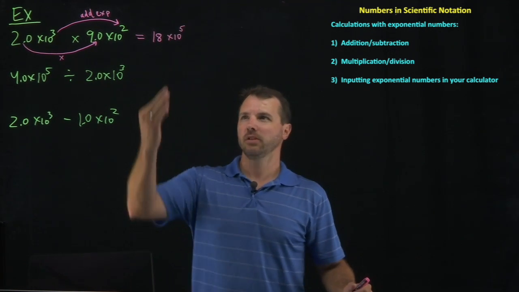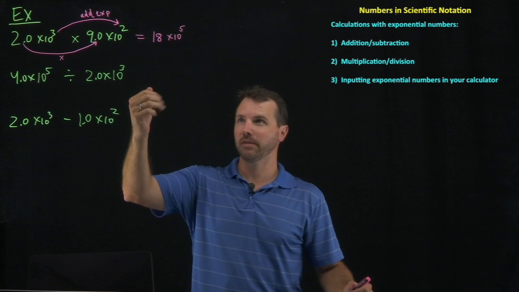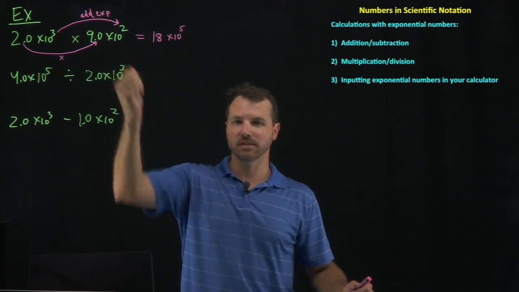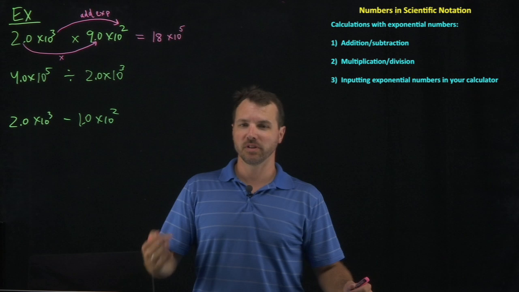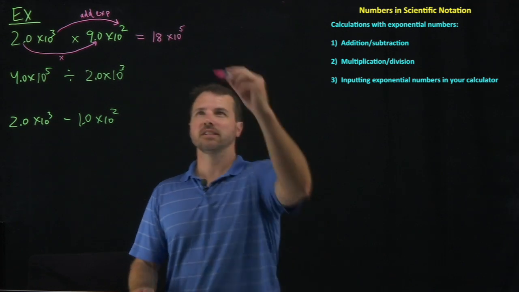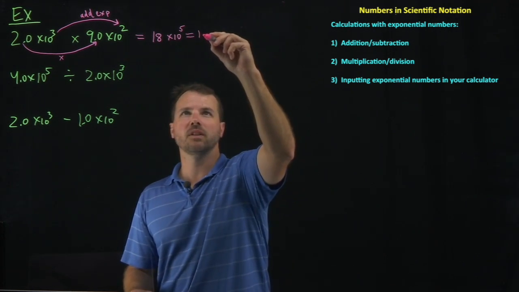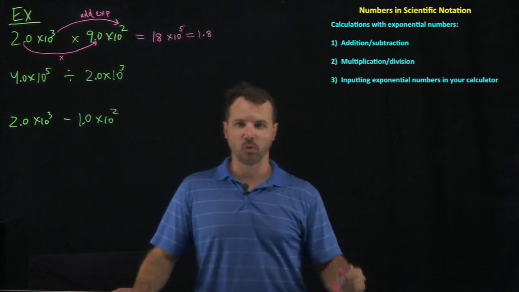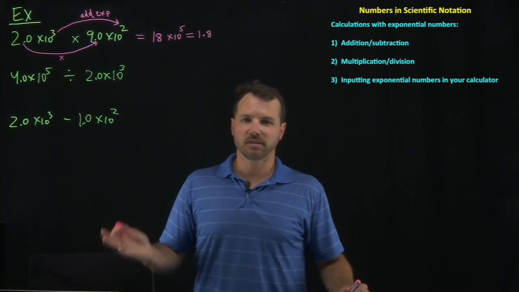Now, of course, you hopefully recognize you don't normally express scientific notation with 2 digits before the decimal. So we want to show this as normal scientific notation. So we're going to turn that into 1.8. And this is a trick you can use.